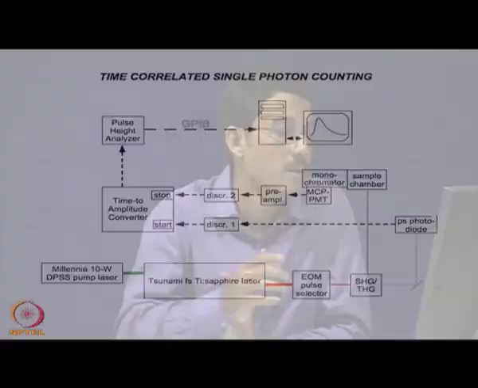So, basically you may be using the same apparatus, but in that case you need to put in a pair of polarizers. Okay. That will get you anisotropy related information and experimental data, and from that you can find out the anisotropy decay and other related issues.